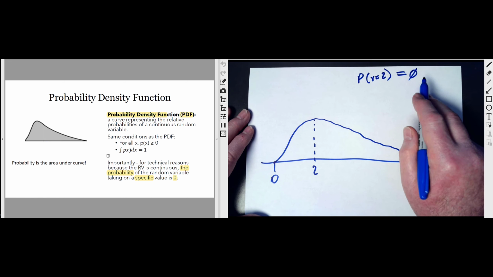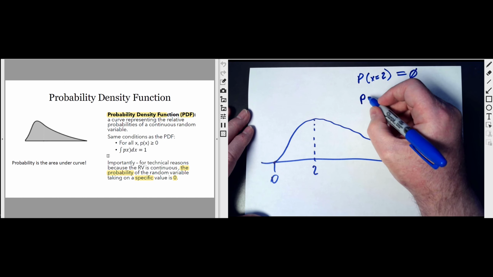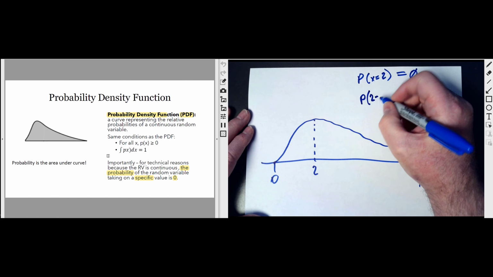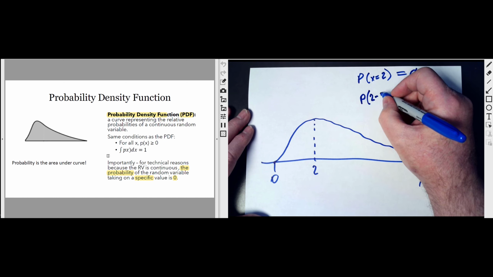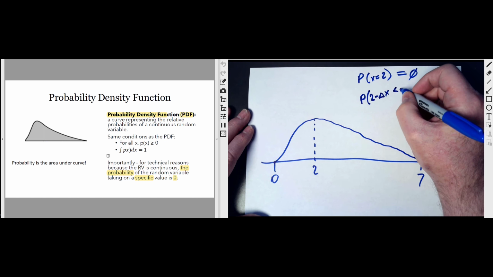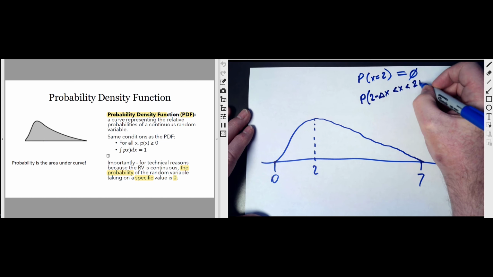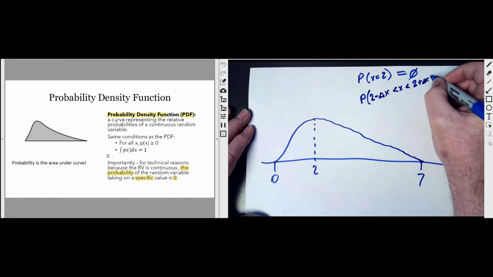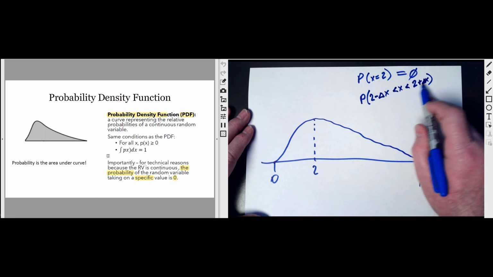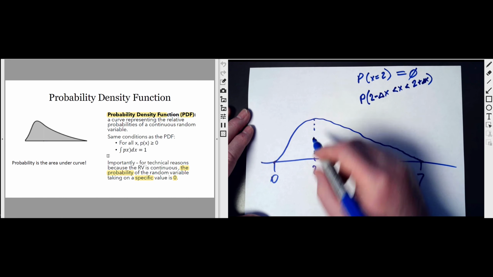That's not a useful thing to know. But the probability of being close to 2, that is, the probability that 2 minus some small delta x is less than x, which in turn is less than 2 plus delta x, this is meaningful. We can talk about the probability of being within a small range around x.